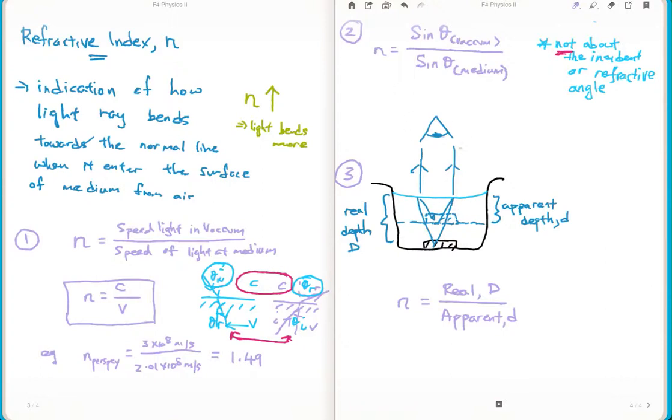Your eye has to be perpendicular, learn this word, perpendicular, meaning at 90 degrees to the object. You get the real depth divided by the apparent depth. It's a ratio, so make sure the unit is the same: meter divided by meter, cm divided by cm.